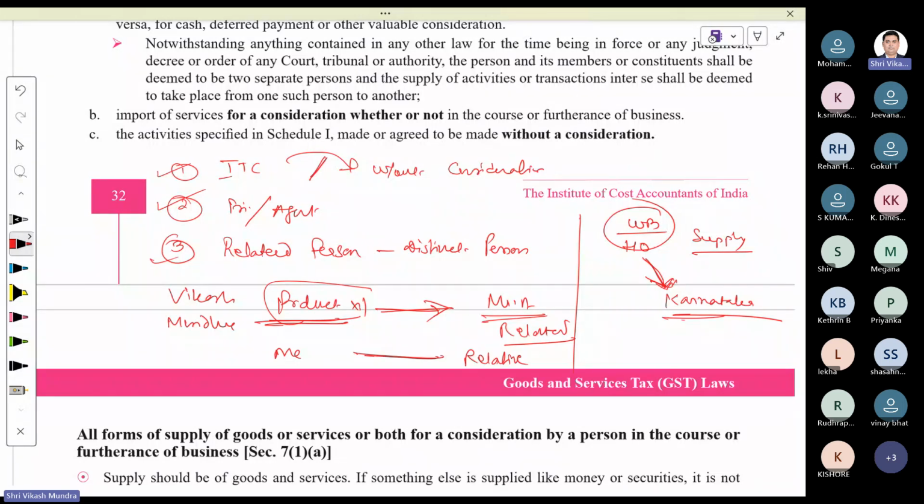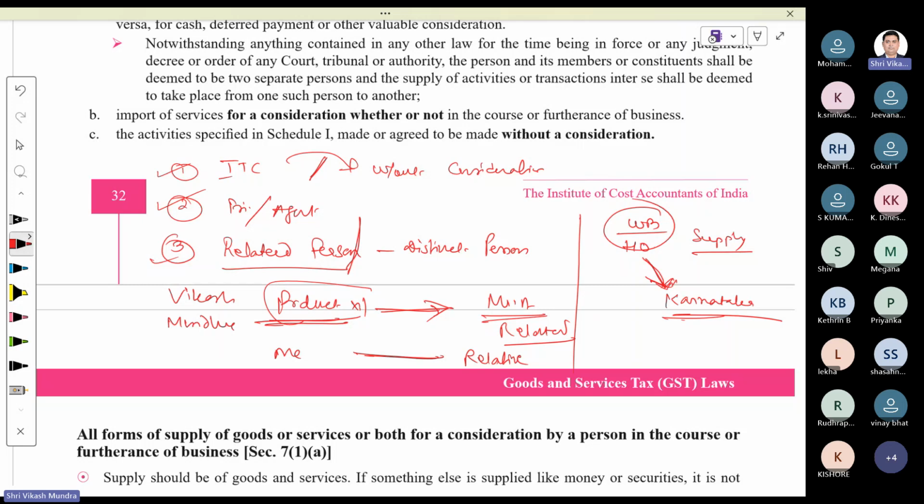So this clause, supply between related persons, even though it is without consideration, is not applicable on this type of transaction between head office and branch. To become a related person, at least 2% should be there. One, me and my relative. My head office and my branch are not related. They are the same person.